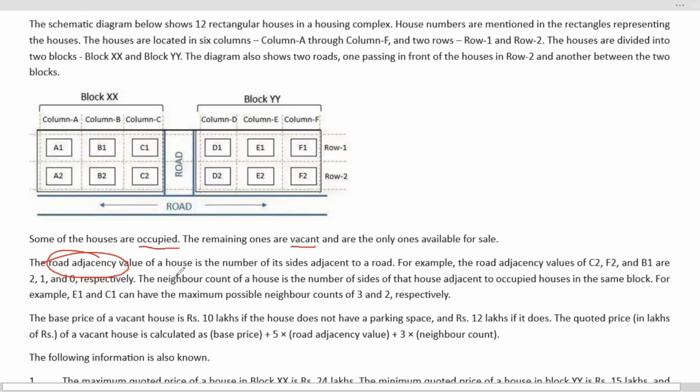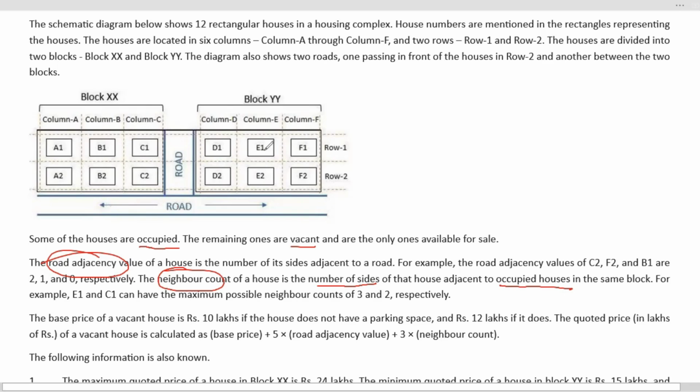Next, the other count, the neighbor count. The neighbor count of a house is the number of sides of that house adjacent to occupied houses in the same block. Occupied houses, very important. Now, for example, E1 and C1 can have maximum possible neighbor counts of 3 and 2.